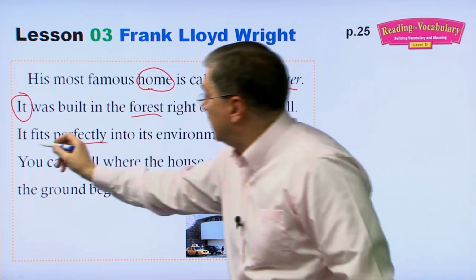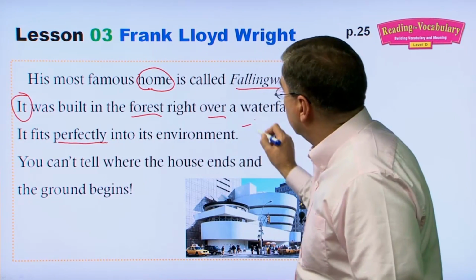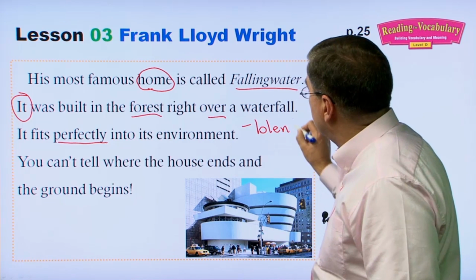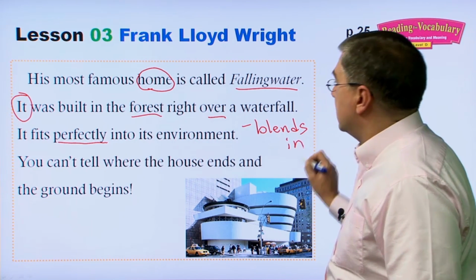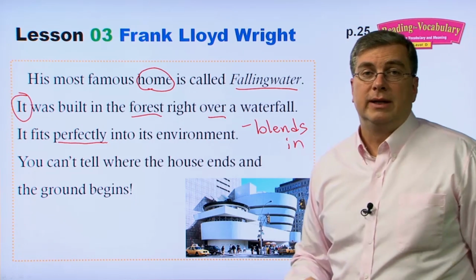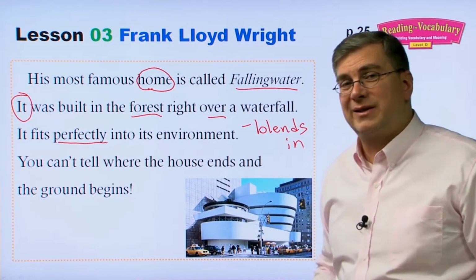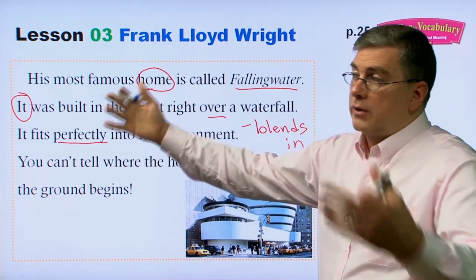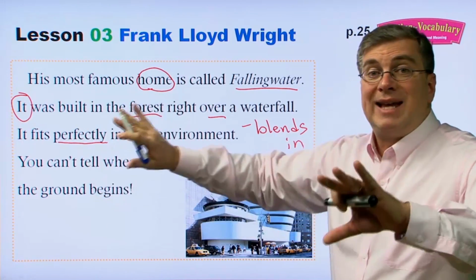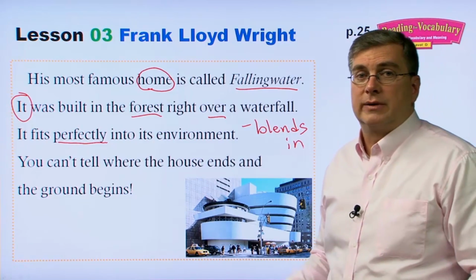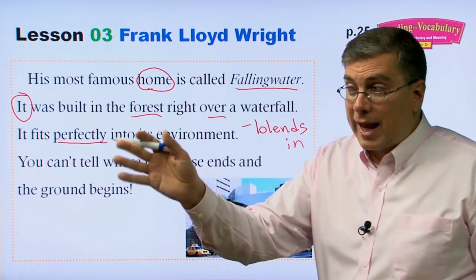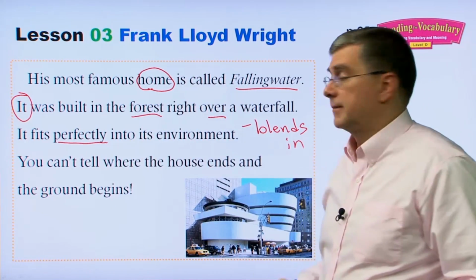We can say it fits perfectly into, we can also say it blends in to the environment. It blends into the environment. The story I told you about my brother and I driving into Santa Fe, New Mexico, the houses in Santa Fe blend in with the surrounding hills. It's hard to tell where the hill ends and the house begins.